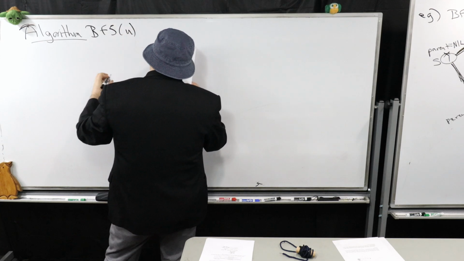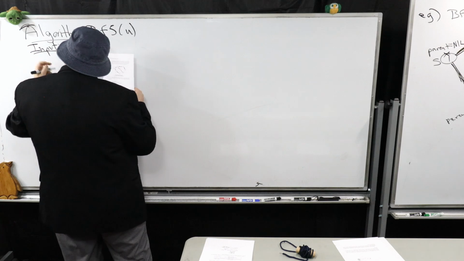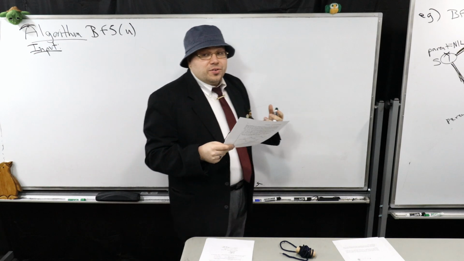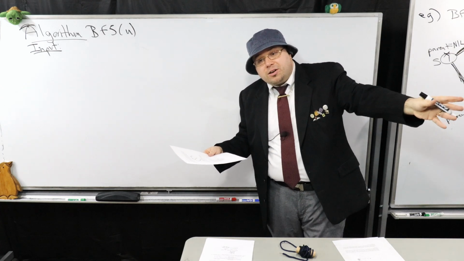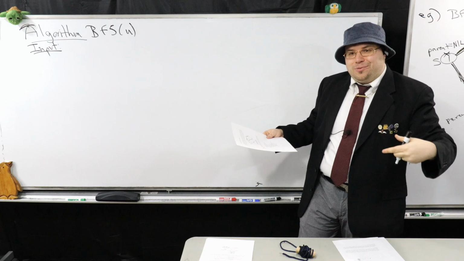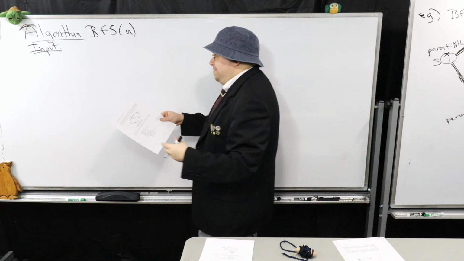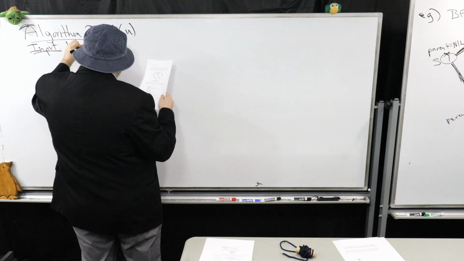We give it a vertex U. This has a very similar setup to DFS. For example, if you want to explore the entire graph, and the graph is disconnected, you could start it up the exact same way I talked about with DFS. So it's nice that way. We're just doing it in a somewhat different order.